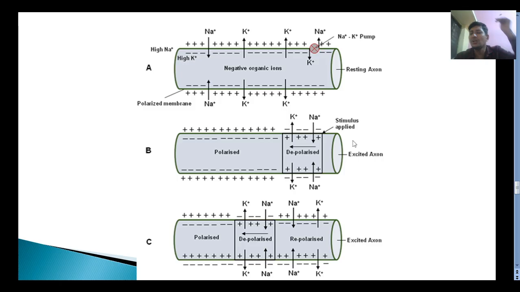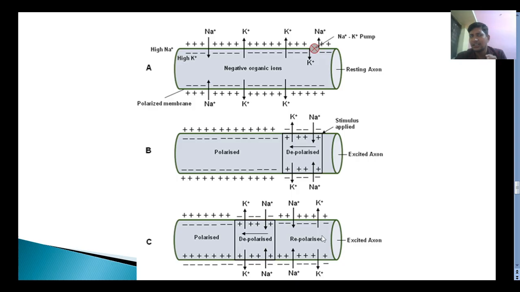Now, when the neuron gets excited due to the application of a stimulus, at this region it becomes depolarized, and in the rest of the region there is no change. Now the action potential has moved to the adjacent part of the axon, and you can see this is polarized, this is depolarized, whereas this region becomes repolarized.